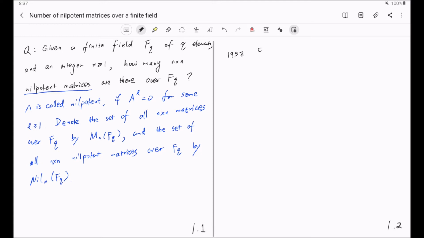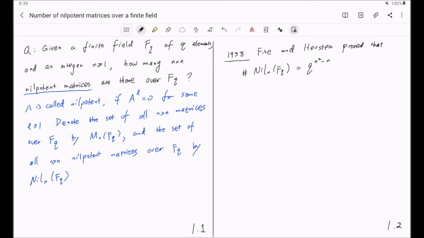Mathematicians Fine-Herstein proved that the number of nilpotent matrices n by n over F_q is equal to q raised to the power n squared minus n. Which solves this question.